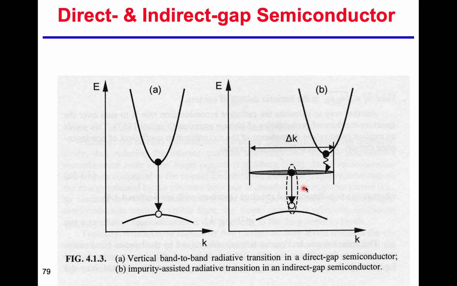If we have a mismatch here, we may need something else, for example a defect, to assist this vertical transition in K-space. Which means indirect bandgap semiconductors typically have much worse emission characteristics compared with direct ones.